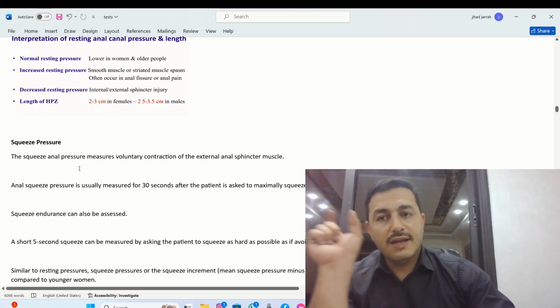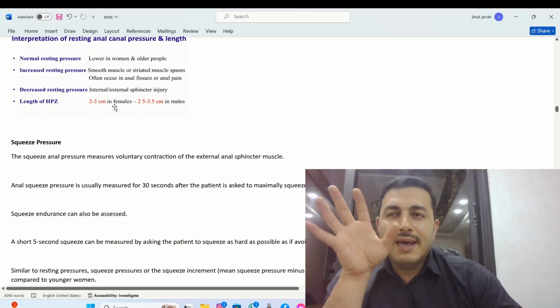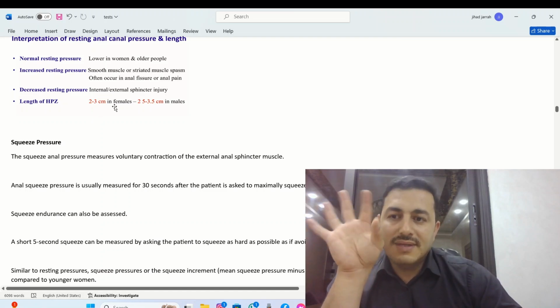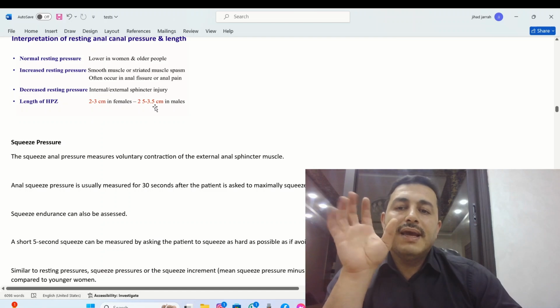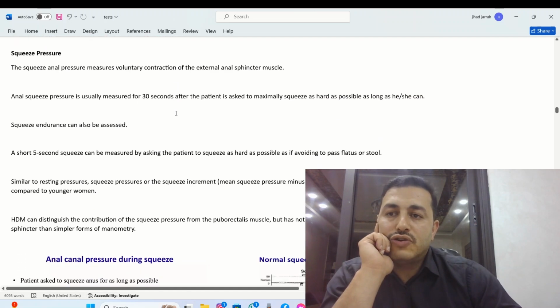The length of the anal zone is usually 2 to 3 centimeters in females, and in males it's 2.5 to 3.5 centimeters, a little bit longer.